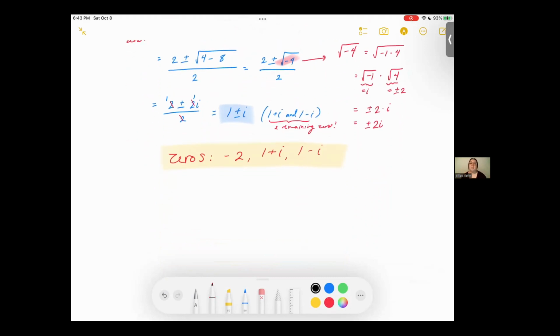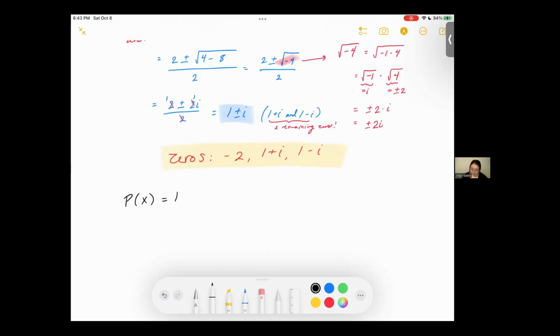So for the very last part of our problem, which was asking for the complete factorization of p of x, we're going to plug all of these in. Remember, the complete factorization of p of x would be, in our case, since we have 3 zeros, 3 factors. And we don't want to forget the number in front of all of our factors as well, which in our case is just 1.